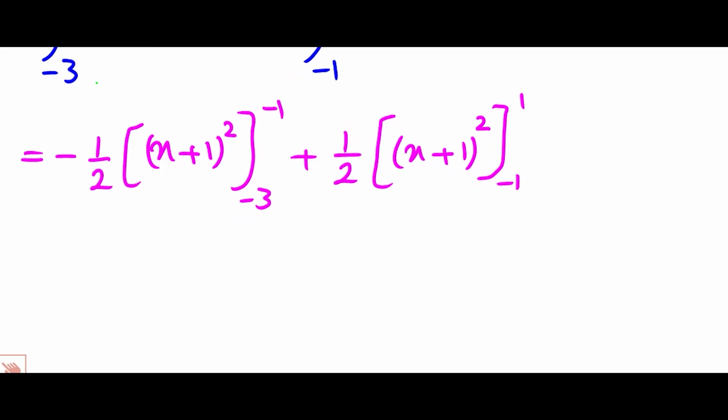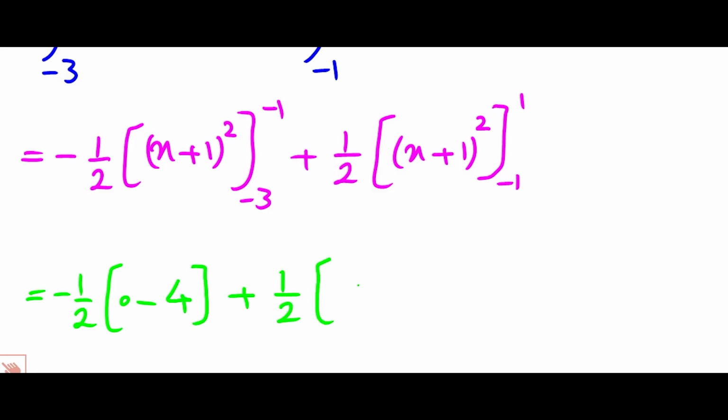So we have -1/2. If x is -1, so x plus 1 is 0, minus if x equals -3, we have -2 squared is 4, plus 1/2 if x equals 1, so we have 2 squared is 4 minus if x equals -1, so we have nothing, means 0.